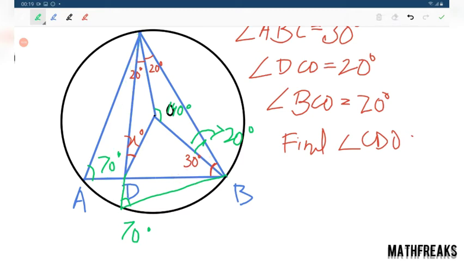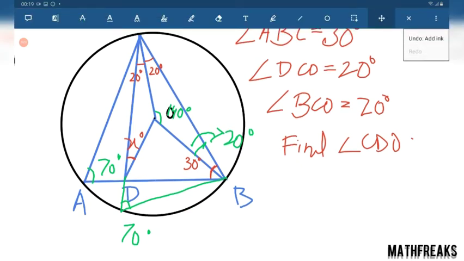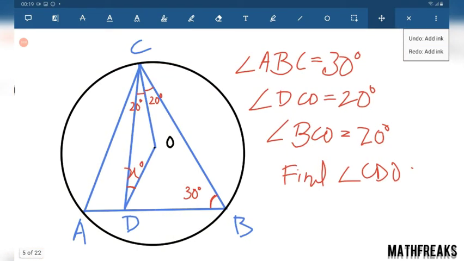So we have to apply some more angle chasing to find this angle. 40, 70, 110. This wasn't quite a useful idea. This is useful definitely.